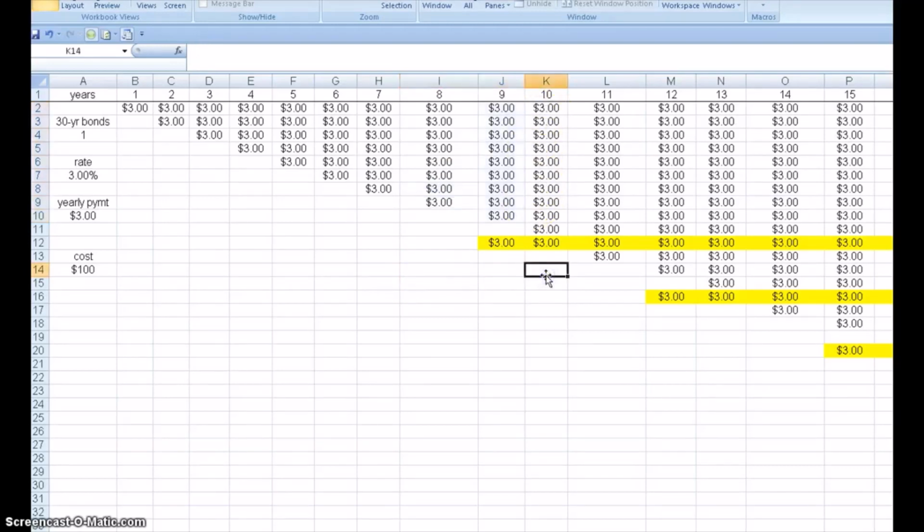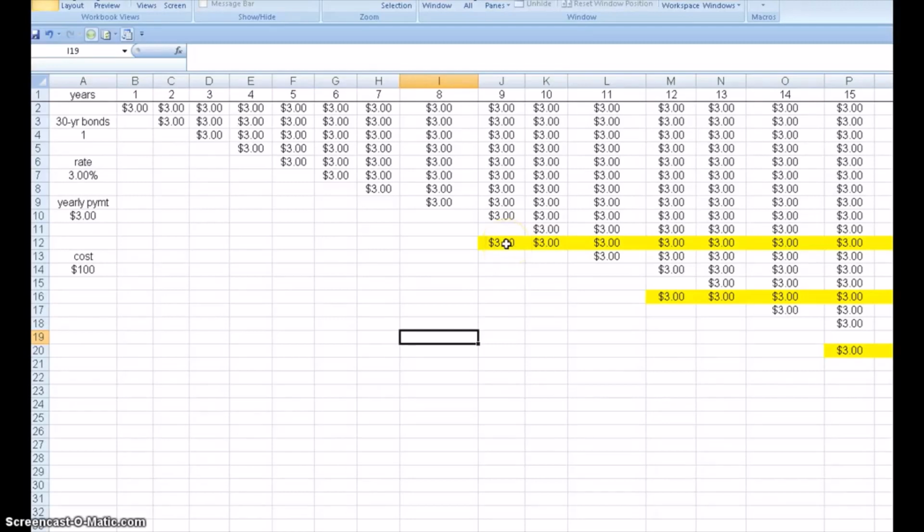So I haven't earned up enough interest back to buy another one yet. That doesn't happen until I'm out in the 12th year, where I buy a new one. And again, this new one is from the interest payments previously accumulated. So that's what I do. As soon as I get enough interest to buy a new bond, the next year with that money, I buy a new bond.